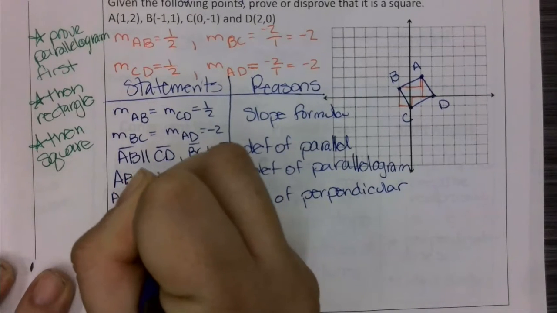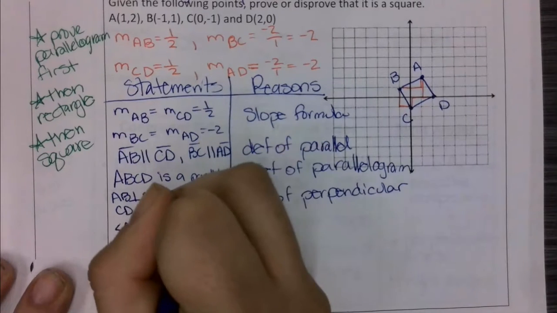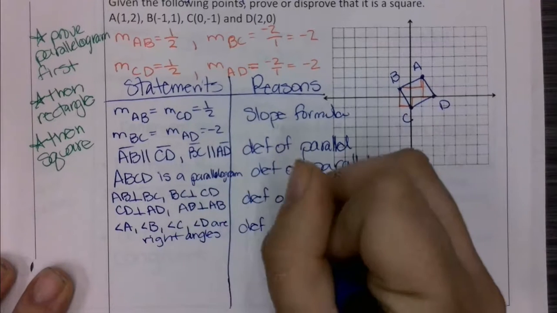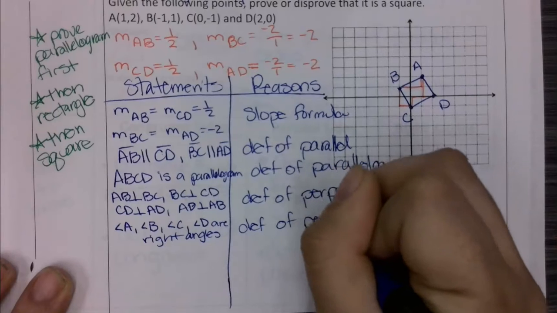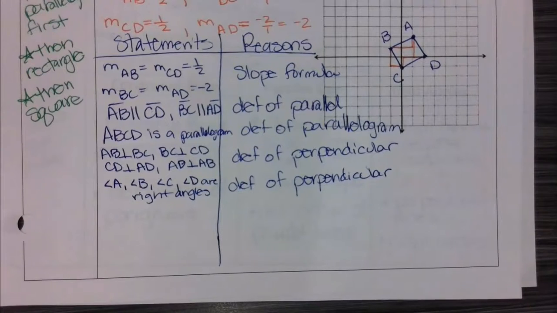So angle A, angle B, angle C, angle D are right angles. Definition of perpendicular again.